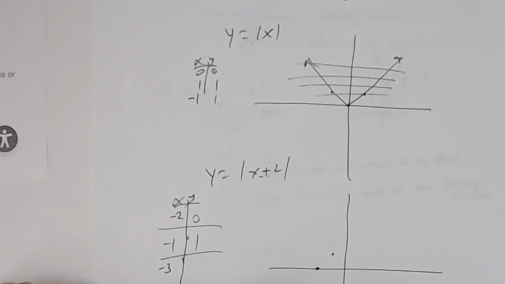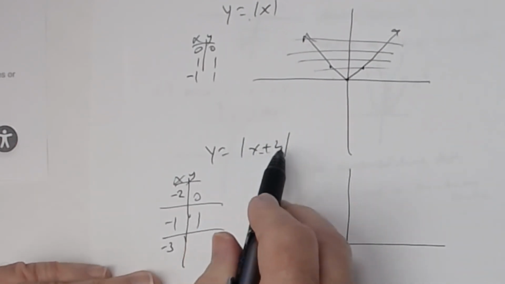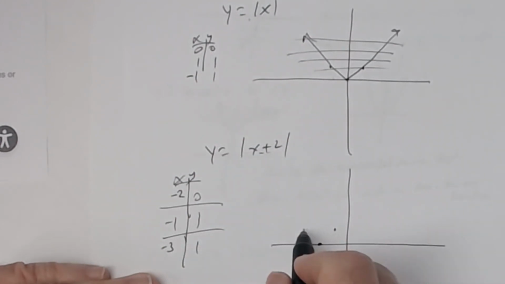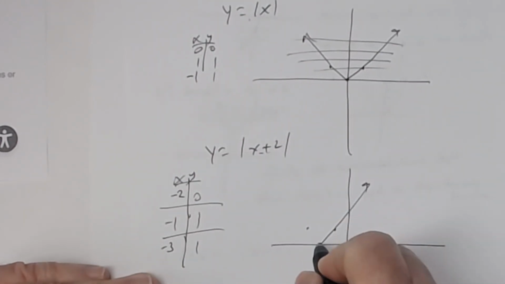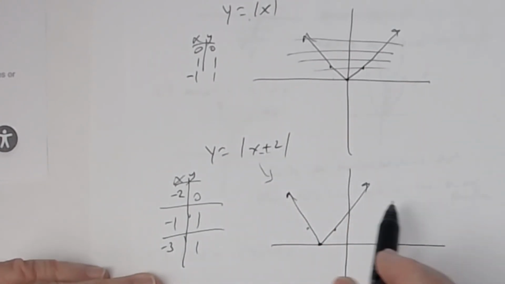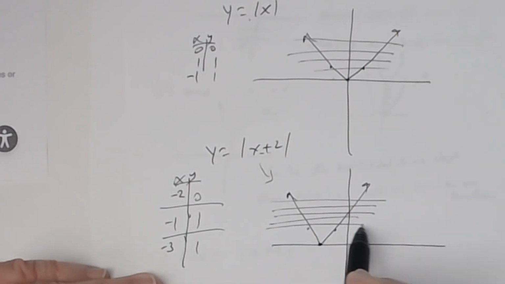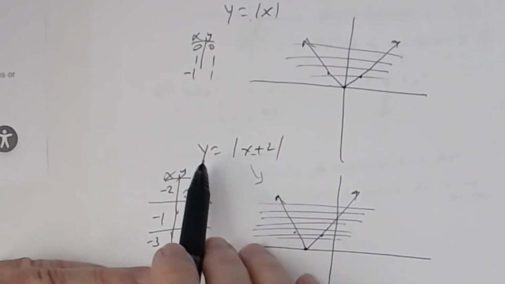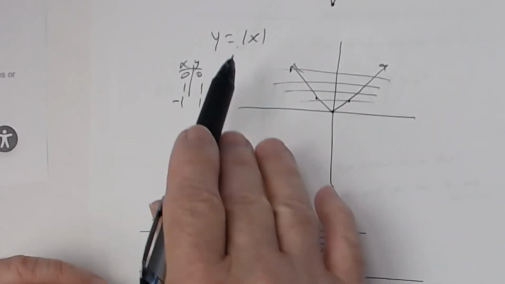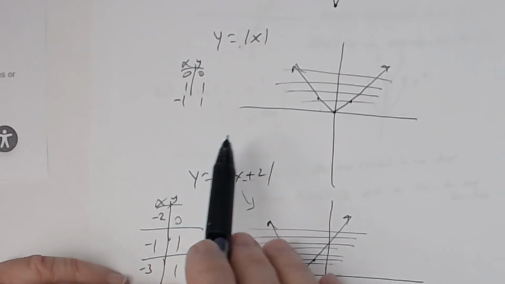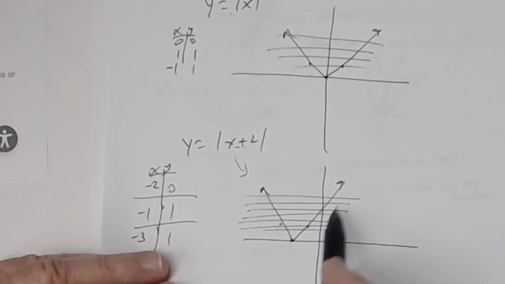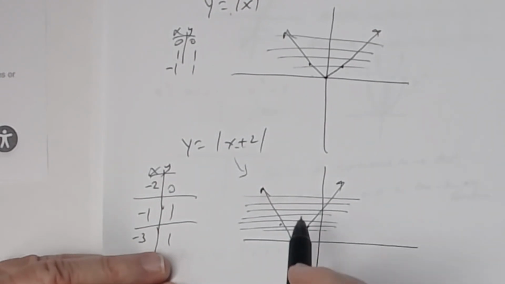If x is -3, we have -3 plus 2, which is -1, and the absolute value of -1 is +1. And so you see you get this graph here. All right, so this right here is the graph of the absolute value of x plus 2. Notice it fails the horizontal line test. So any translation or transformation of the absolute value function will not be a one-to-one function either.